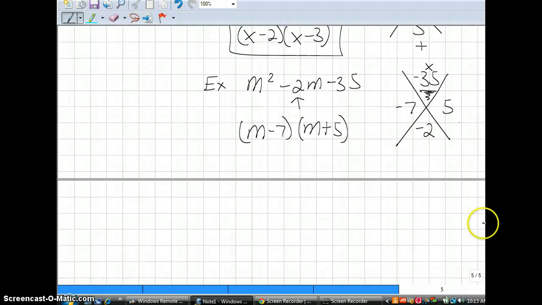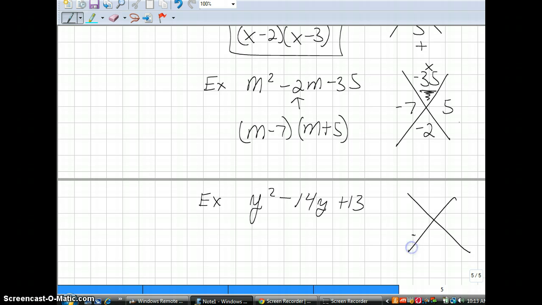Example 3. If I have y squared minus 14y plus 13. Again, I put the positive 13 up here, the negative 14 here. What multiplies to a positive 13 but adds up to a negative 14?